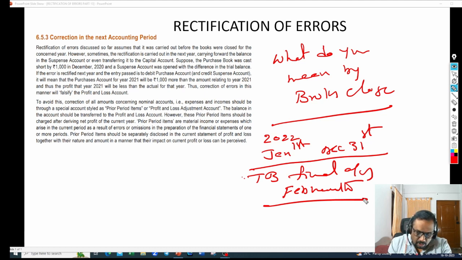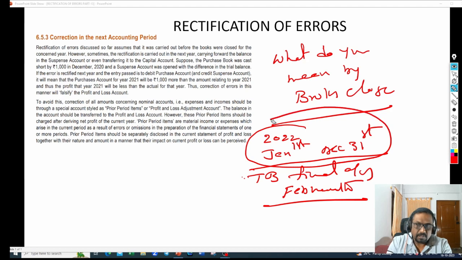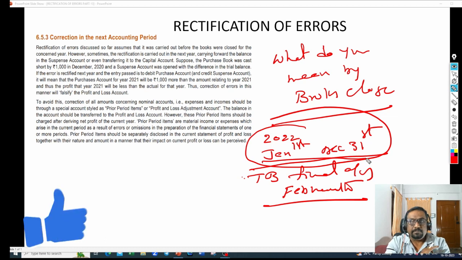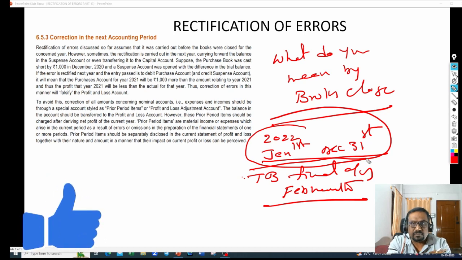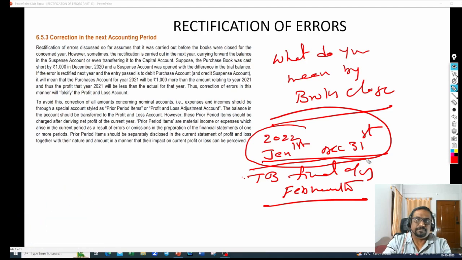Then I should not allow any of the accountants to post entries during this period. You should not backdate and post any entries between January 1st and December 31st, 2022 because that year is closed. The profit and loss account and balance sheet is prepared. You arrived at a profit. Your books are closed. So you are not supposed to go back and make any entries in that particular period.